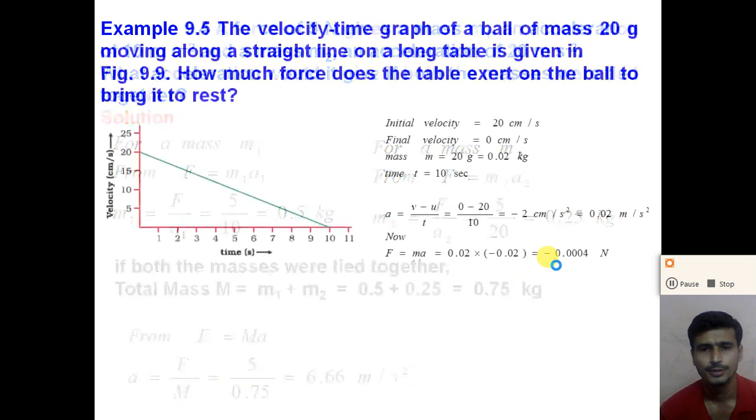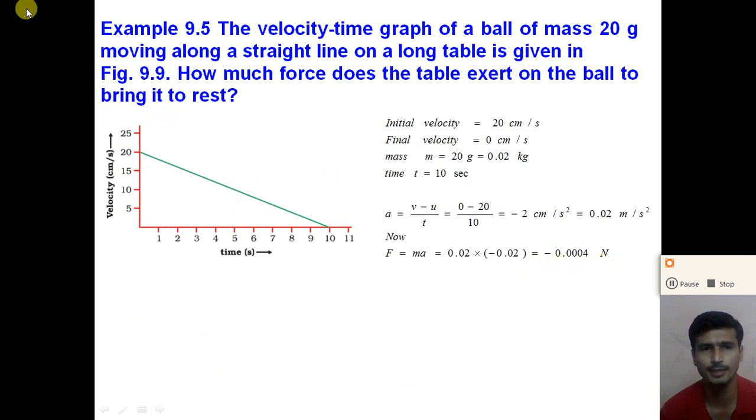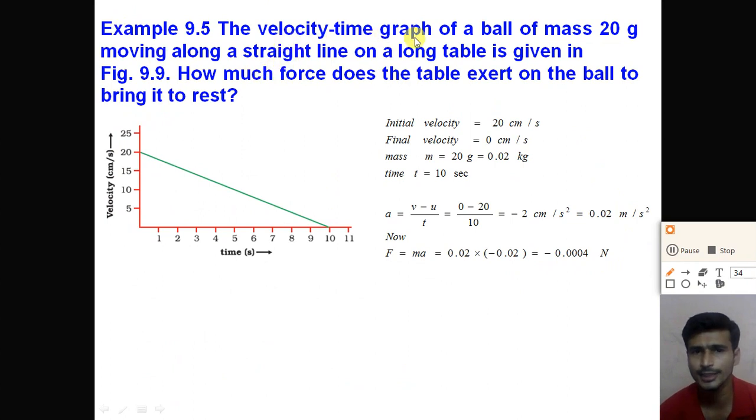Now the next example is example number 9.5. The velocity time graph of a ball of mass 20 gram. The mass of the ball is given to you as 20 gram, right? We need to convert it into kg. So 20 gram is equal to 20 divided by 1000 kg.